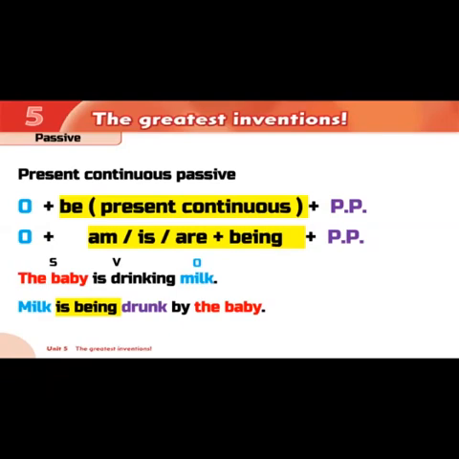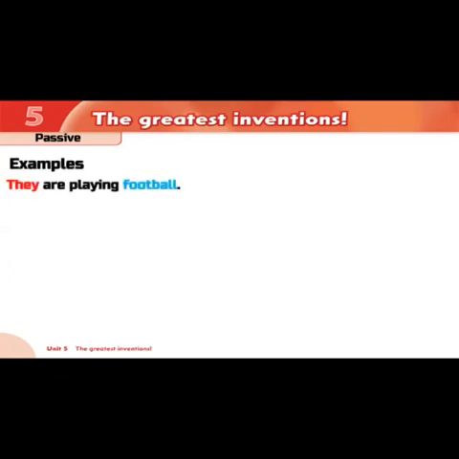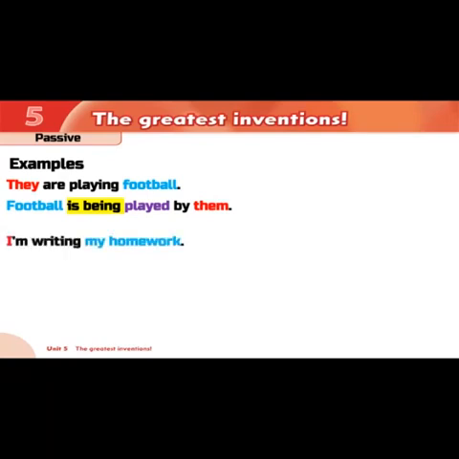Let's take another examples. They are playing football. They is the subject. Are playing is the verb. Football is the object. It will be football is being played by them. The next one, I am writing my homework.